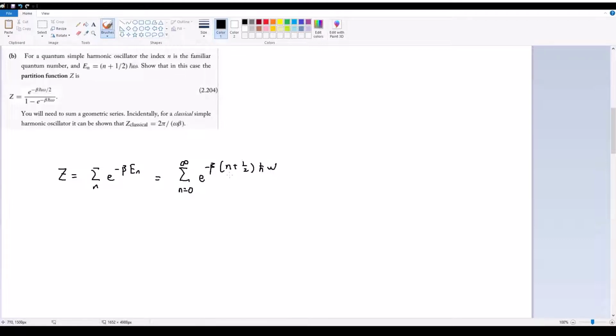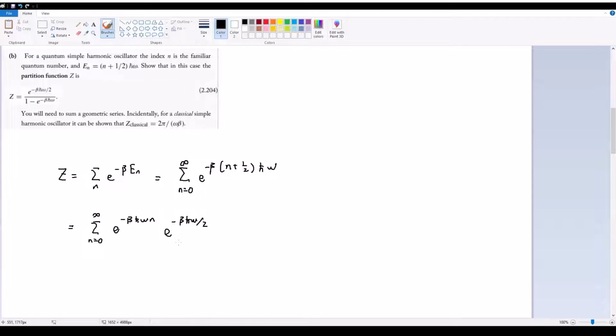From this point we can rewrite this, because if you use the distributive property, you're going to get terms that have n and terms that don't have n, and we can move the terms that don't have n outside of our summation. So this becomes a summation from n equals 0 to infinity of e to the negative beta h bar omega n, multiplied by e to the negative beta h bar omega divided by 2.